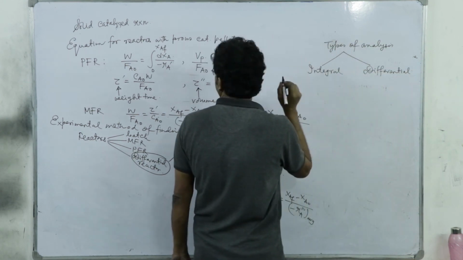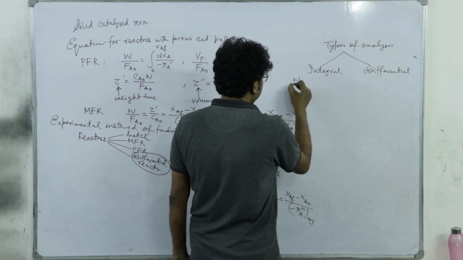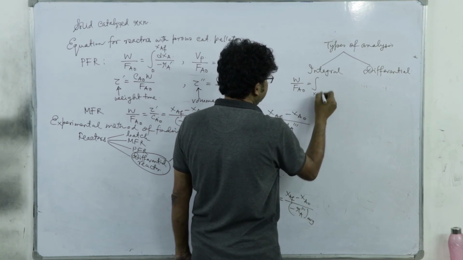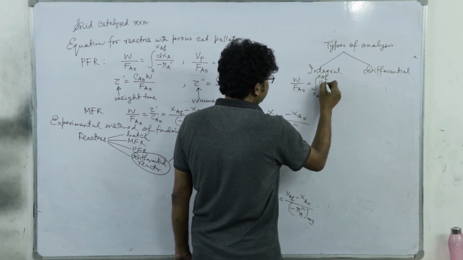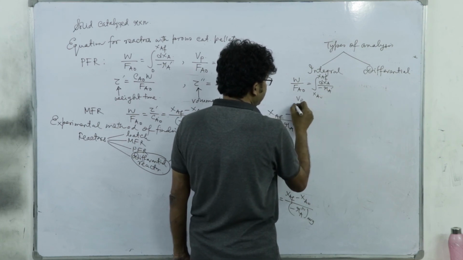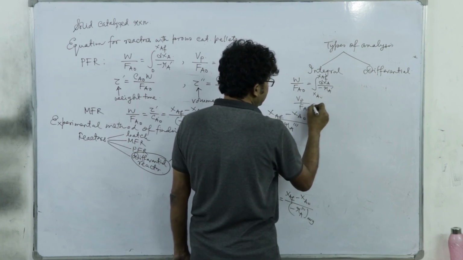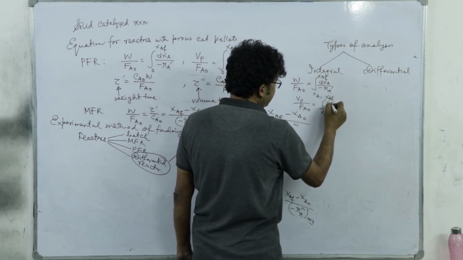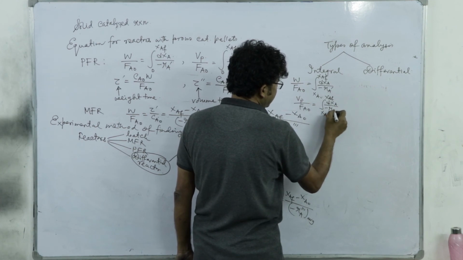In integral analysis, we will use the PFR formula that W by Fa naught is equal to integral XA naught to XAF dXA by minus Ra prime, or Vp divided by Fa naught is equal to integral XA0 to XAF dXA by minus Ra triple prime.